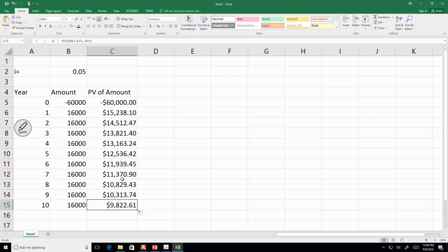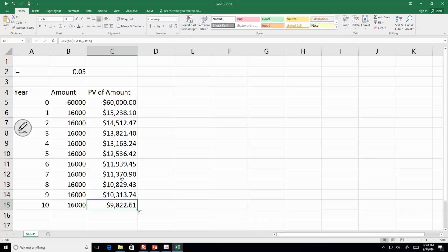But that same quantity of money, the same 16,000 in year 5, is worth more in today's terms. So does that make intuitive sense to you that, like we've said lots of times before, money in the future is less valuable than money now? Or money more in the future, like year 10, isn't as valuable as money not so far in the future.